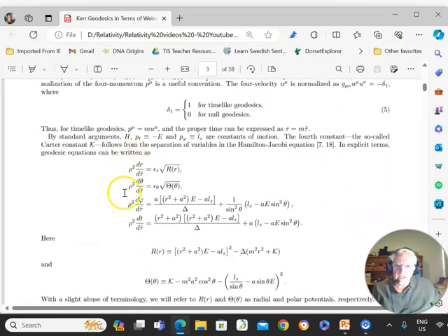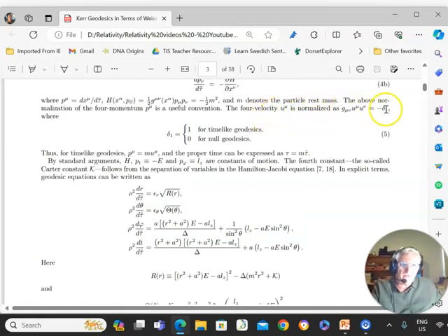These equations here involve the Carter constant. They involve the time component of momentum, the covariant form, and the phi component of momentum. Both of these are constants of motion. The Hamiltonian is also a constant. You'll see that in the next two videos I do in the series after this.